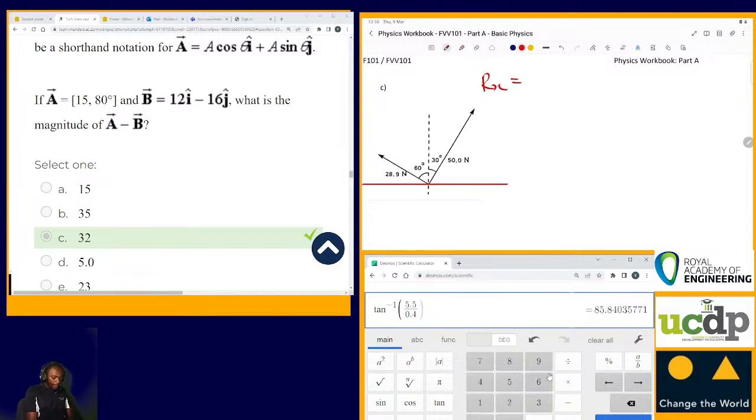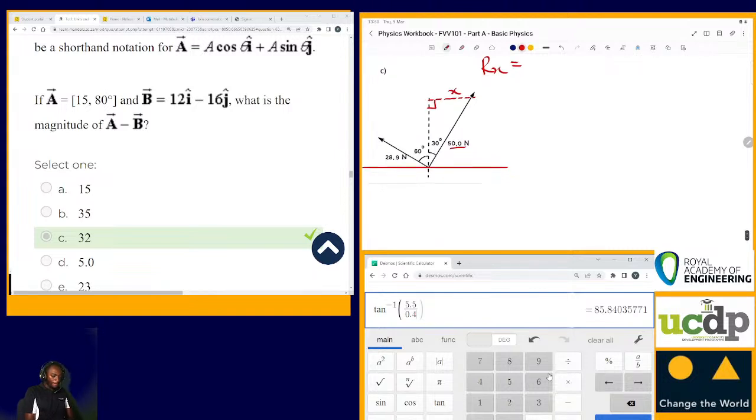Okay, if I close there, it depends on which side I'm going to close, doesn't matter. So I can choose to close there. I have my right angle there, right? And I'm looking for this X, okay? And I have my hypotenuse, which is 50.